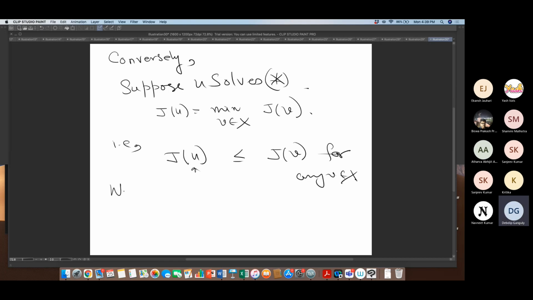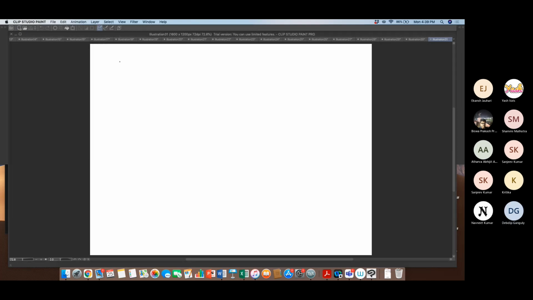So u solves the PDE, so we have minus Laplacian u equal to f. Multiply by v minus u: minus Laplacian of u times v minus u equals f times v minus u. You take v to be any element of the set X, where X means the function space.